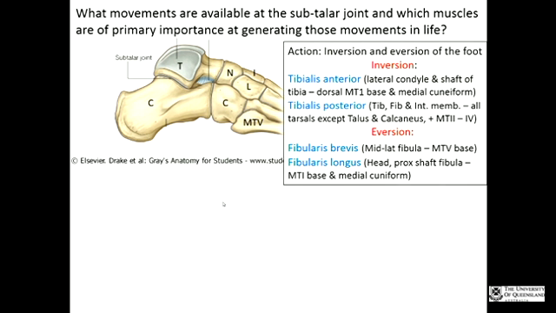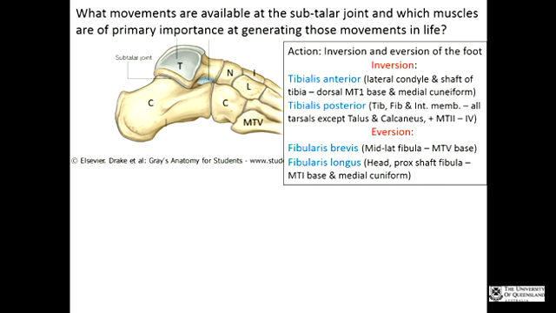These would be examples of a correct answer. Inversion and eversion of the foot, or the forefoot, would be a good descriptor. And we have two primary inverters, tibialis anterior and tibialis posterior. These pass around the medial side of the ankle joint, and more importantly, medial to the subtalar joint.